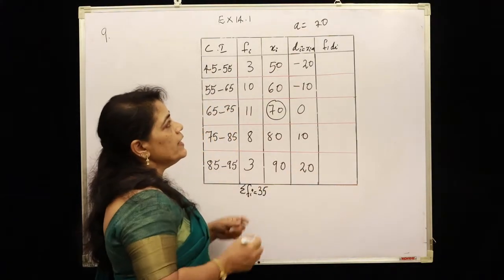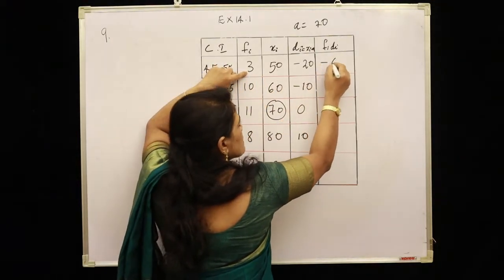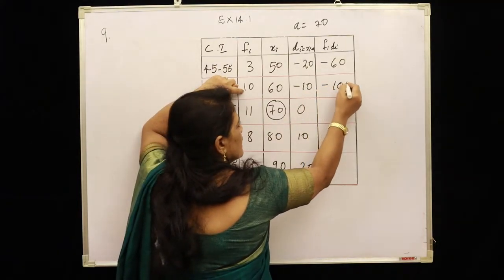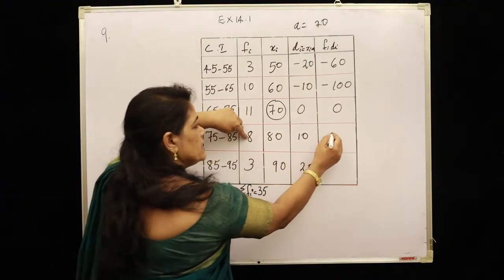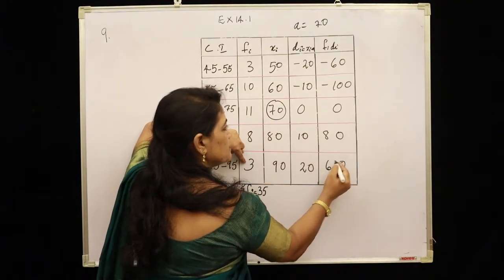Next is fidi. So 3 into negative 20, negative 60; 10 into negative 10, negative 100; 11 into 0, 0; 8 into 10, 80; and 3 into 20, 60.